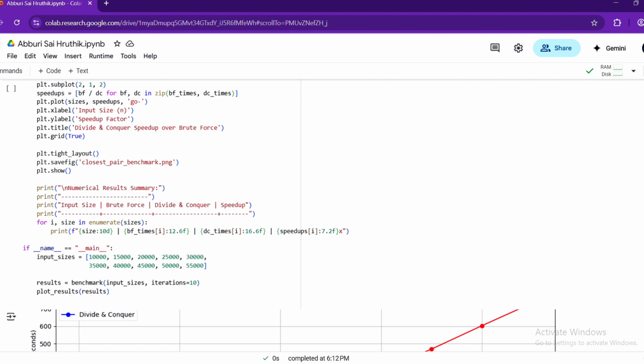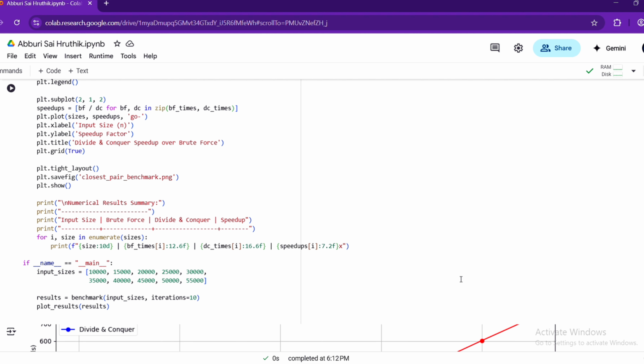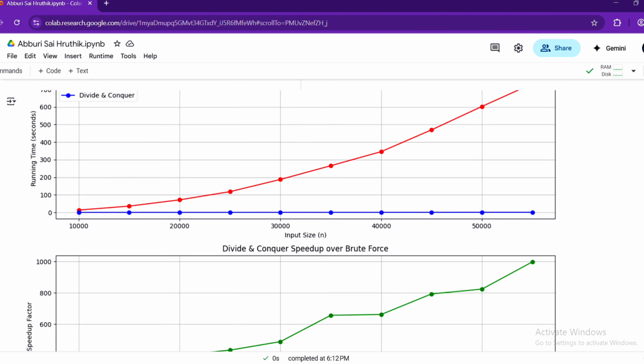Here you can see the values of n I've taken in this project, 10,000 to 55,000 with an increment of 5,000, also with 10 iterations, which is m equal to 10.